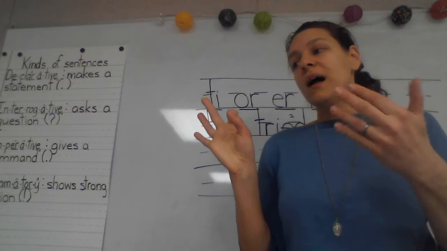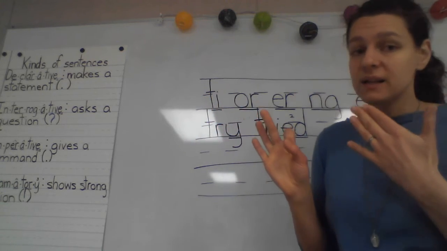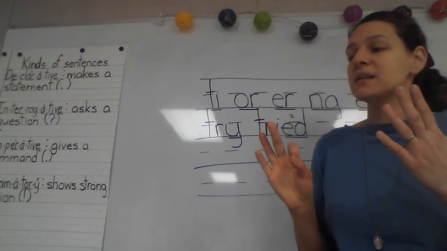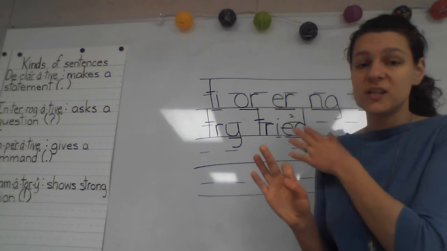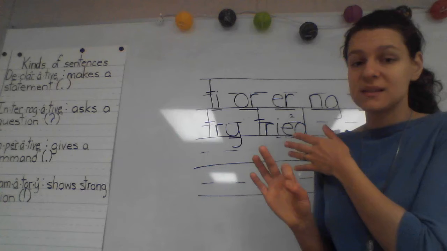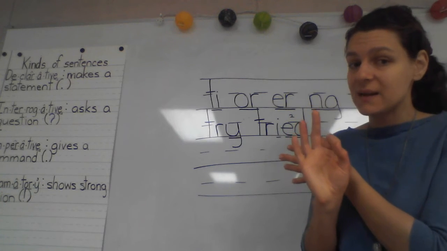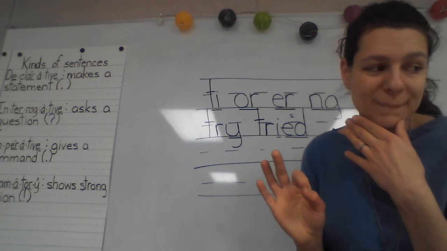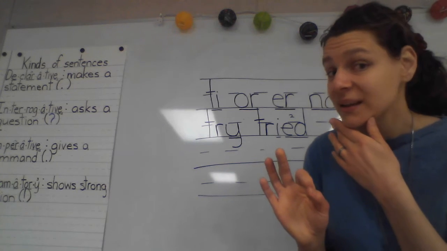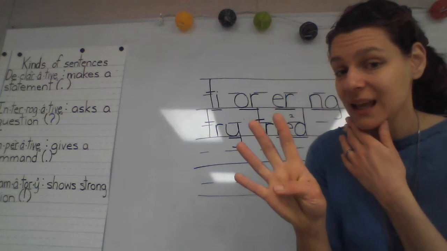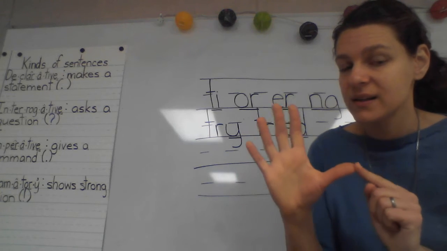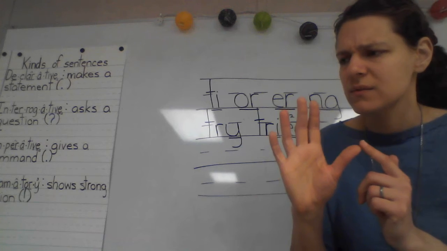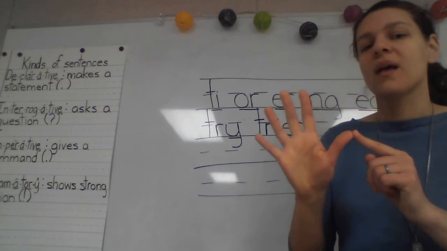All right, now we want to add our z to make tries, but remember, when we're doing our Y exchange, we can never just add z. We always have to add something before it. What do we add, class? Oh, great, you remembered. We add silent E and then our, well, in this word it's saying z, tries.